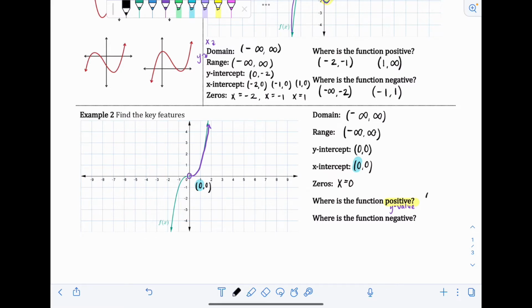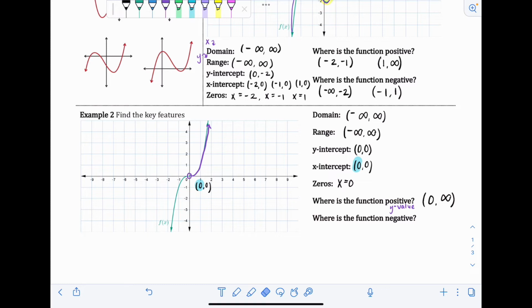So if it's starting to be positive at 0, the first number in the interval notation would be 0, and then it's everywhere to the right of that point. So everywhere to the right would be infinity, and then 0 is neutral. It's not positive or negative, because that point is exactly on the x-axis. And then infinity means everything to the right of that point, and we can't include infinity, so we'd put parentheses around that also. Sometimes you do use brackets. It really just depends on the context of the problem.